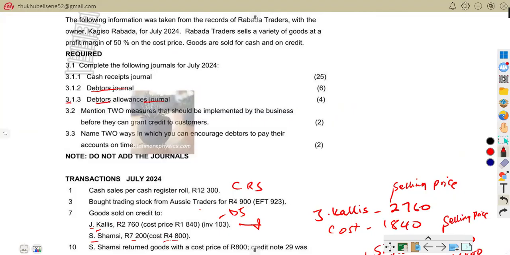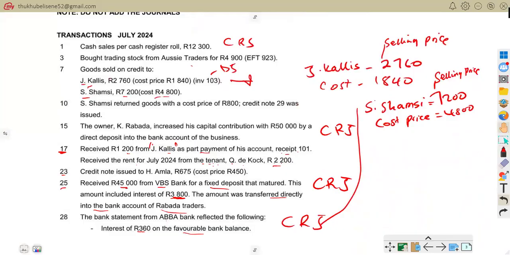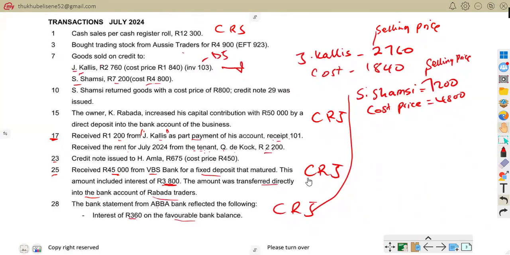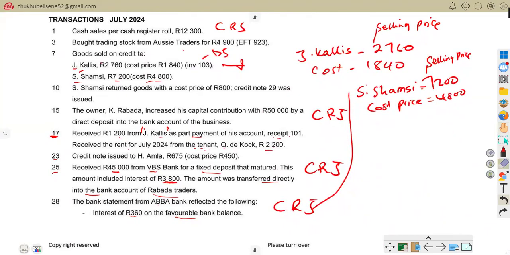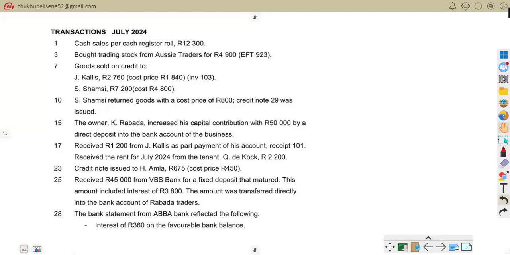So now we are on the debtors allowance journal. We are going to look at the transactions that do affect our debtors allowance journal. That is very important.